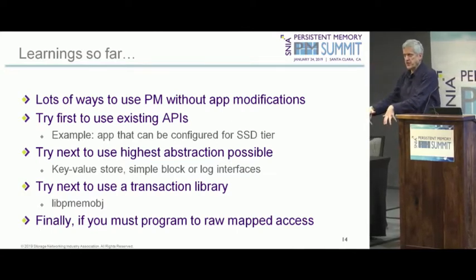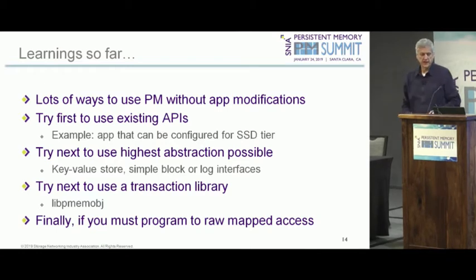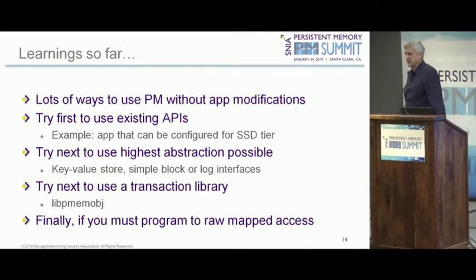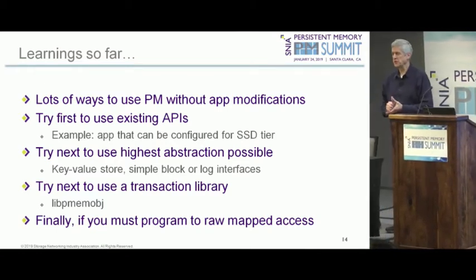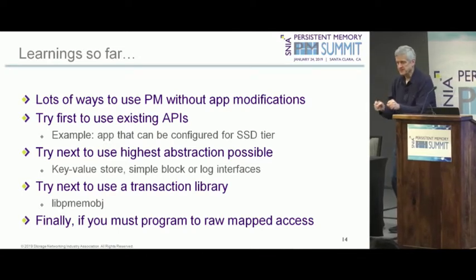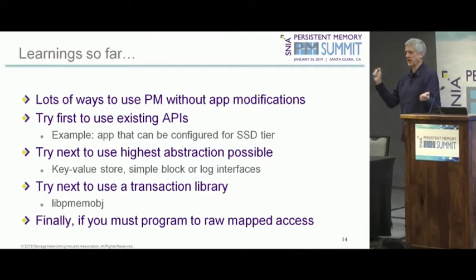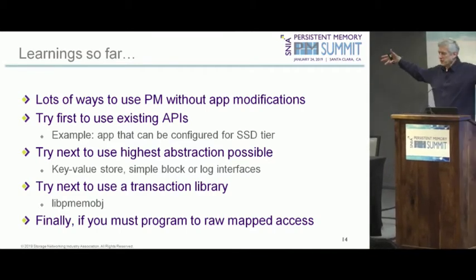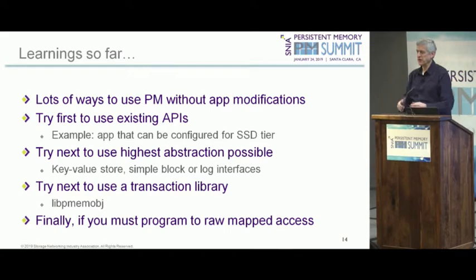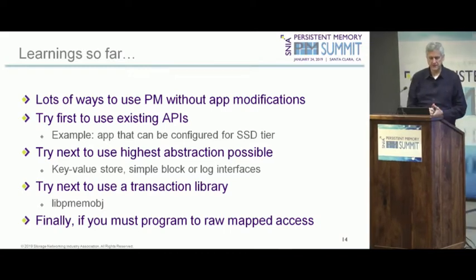And finally, if you cannot find a library to help you, and you really want to manipulate the bits in your own way, then just map it and you have raw access. So start at the highest level abstraction and only go down as necessary. That's what we've learned.